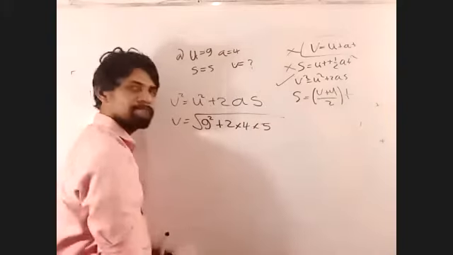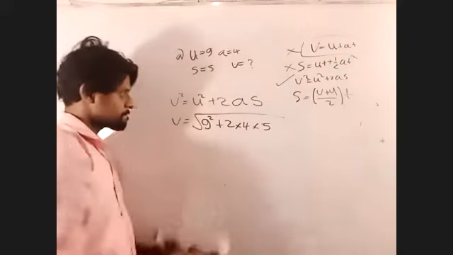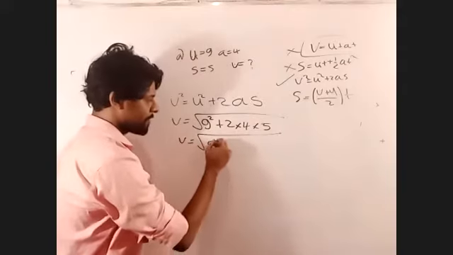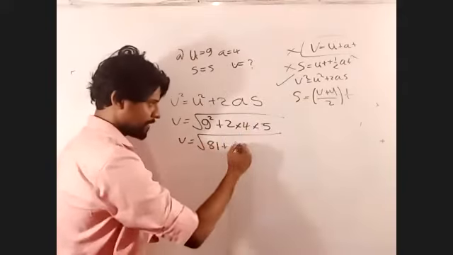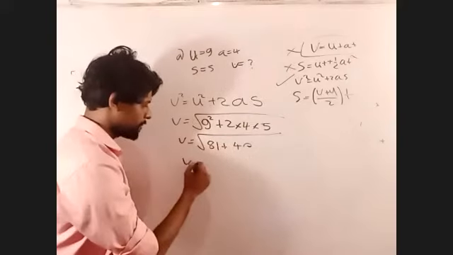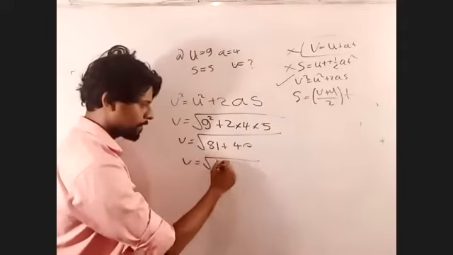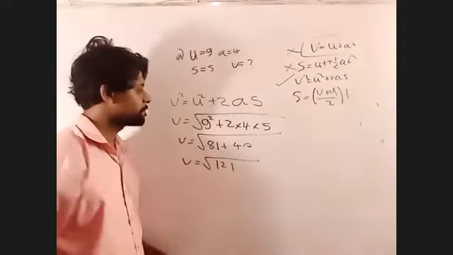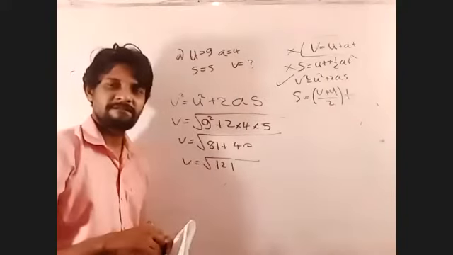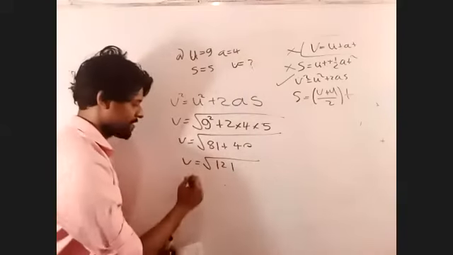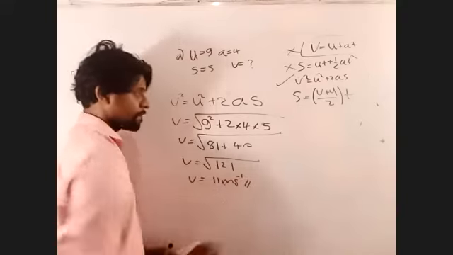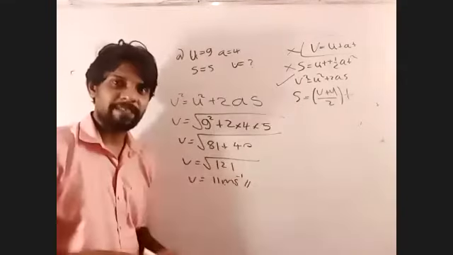Just apply. 81 plus 20 and 40. It's going to be 121, no? What is the square root of 121? 11. V is going to be 11. Most of the guys do this for the first time in their life.